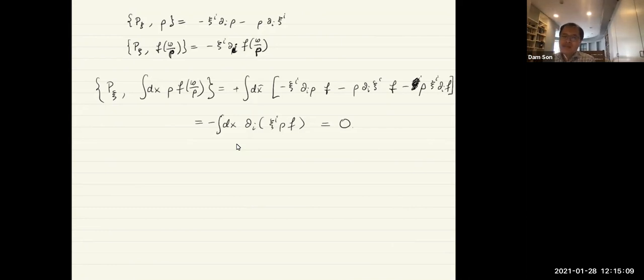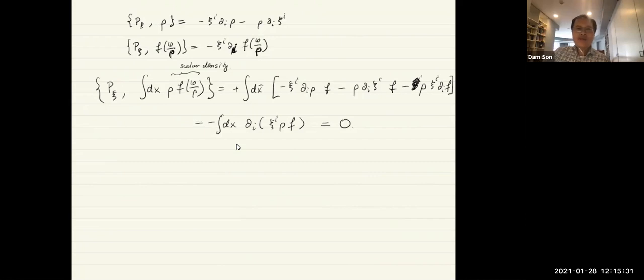You take a scalar density and integrate over space. The way we have defined the transformation law is so that the integral over space of a scalar density is invariant. So we have just checked explicitly that it's invariant, since this one is a scalar density.